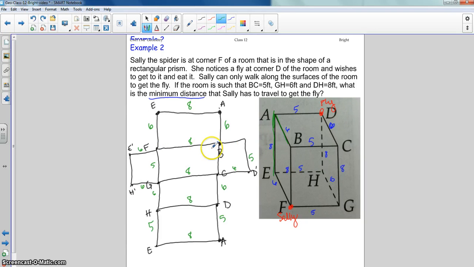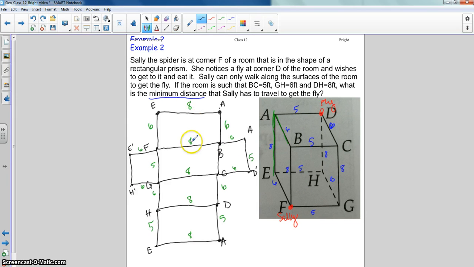Okay, so I just paused the video and created the rest of the net. And so what I did was I continued to unroll the sides around it, and I left the two tops, or the bases, I should say, attached at side BC.